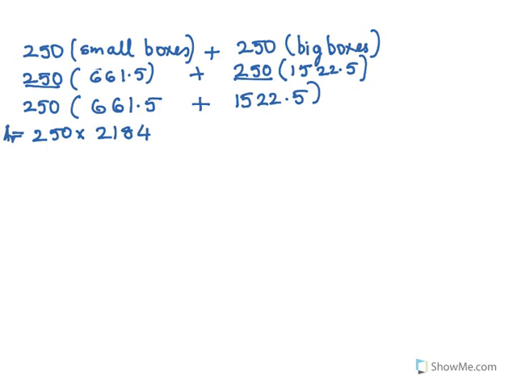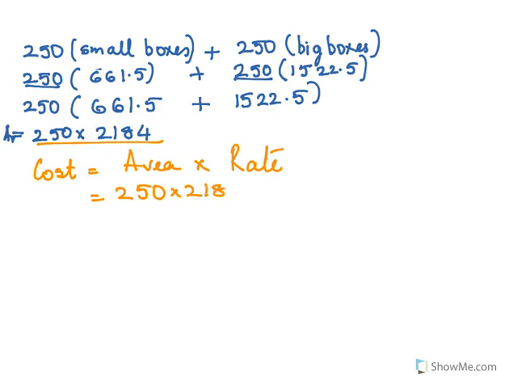Now we need to find the cost. We know the cost equals area into rate. The area is all the 250 boxes, 250 into 2184, into rate. Now if you go back and see, the rate is 4 rupees for every 1000 centimeters square.